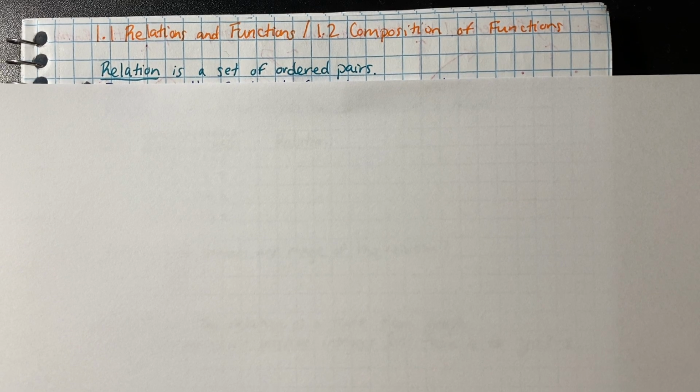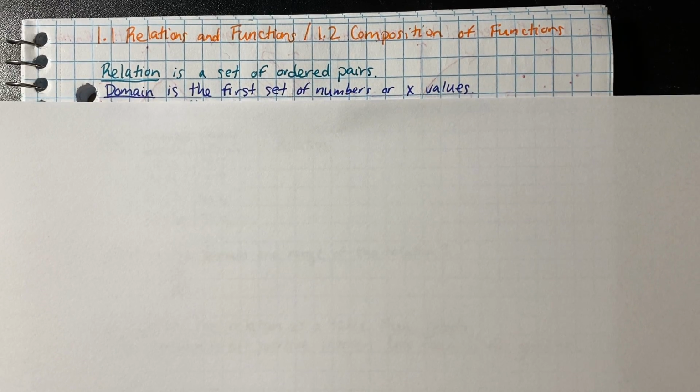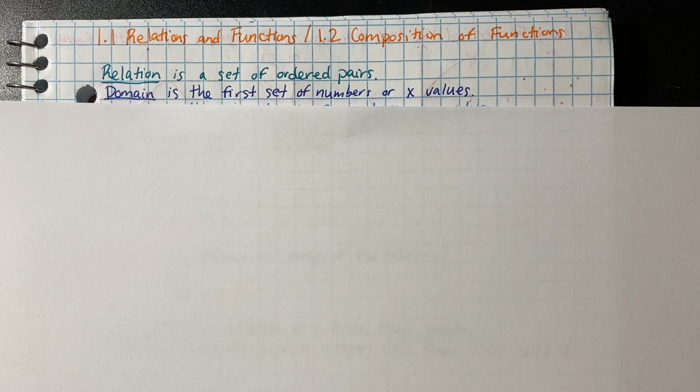All right, so first thing, talking about a relation. A relation is a set of ordered pairs. The domain is the first set of numbers or the x values.